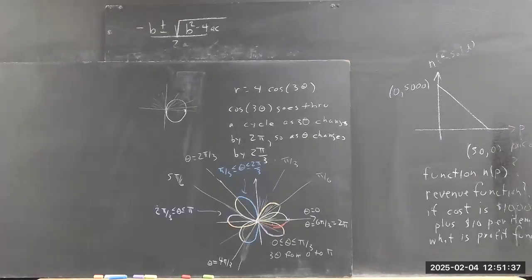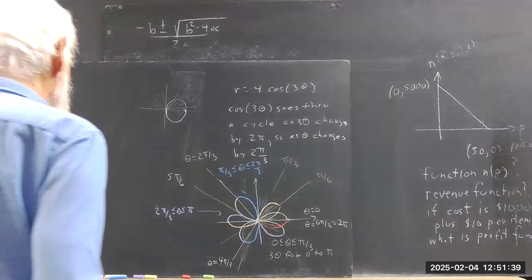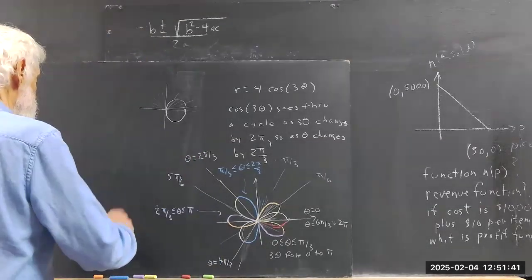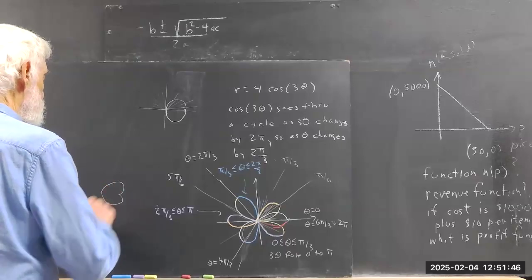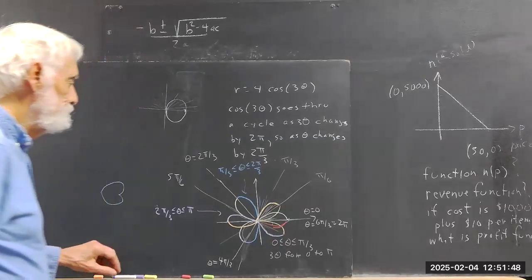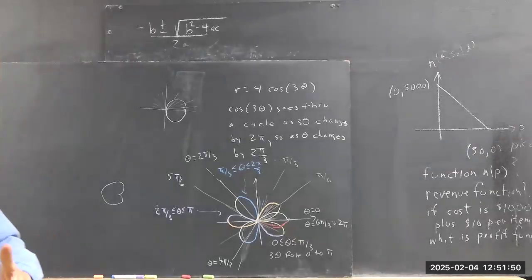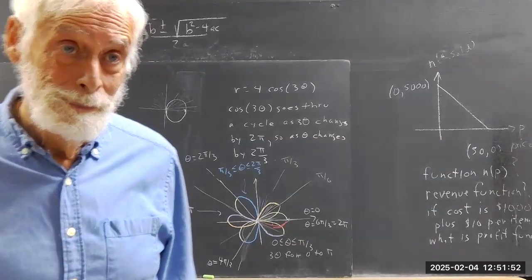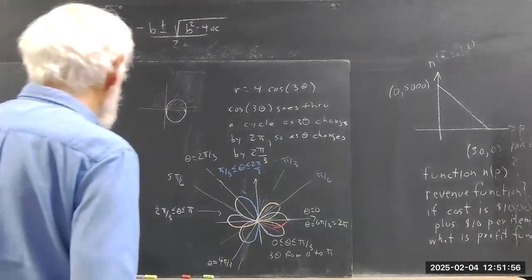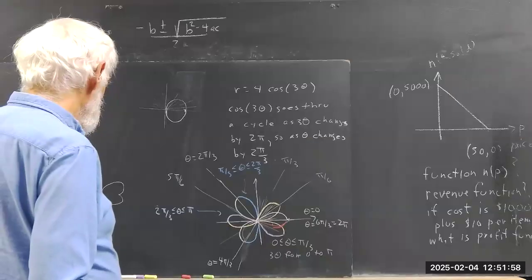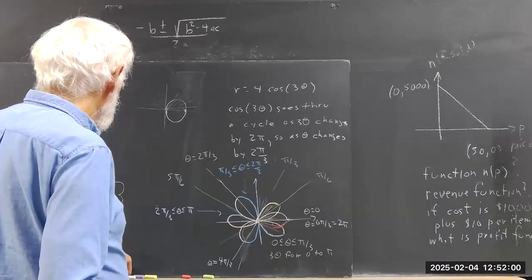If you do sine of theta, you get a cardioid. If you do sine of 3 theta, you can kind of think how that works. The sine of theta starts at 0. The cardioid isn't drawn particularly well.